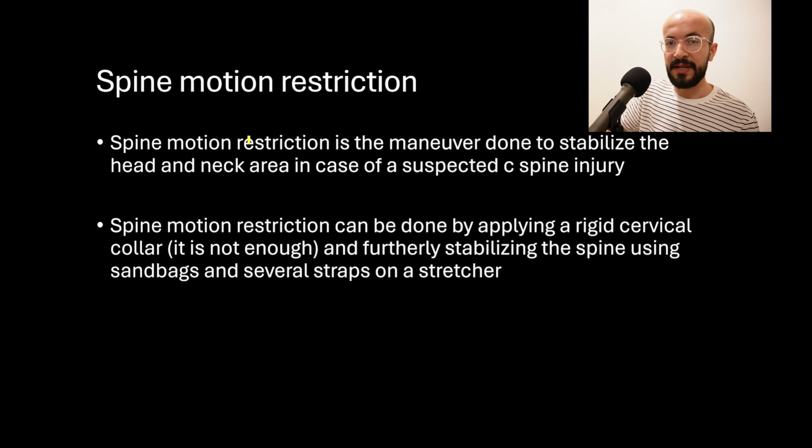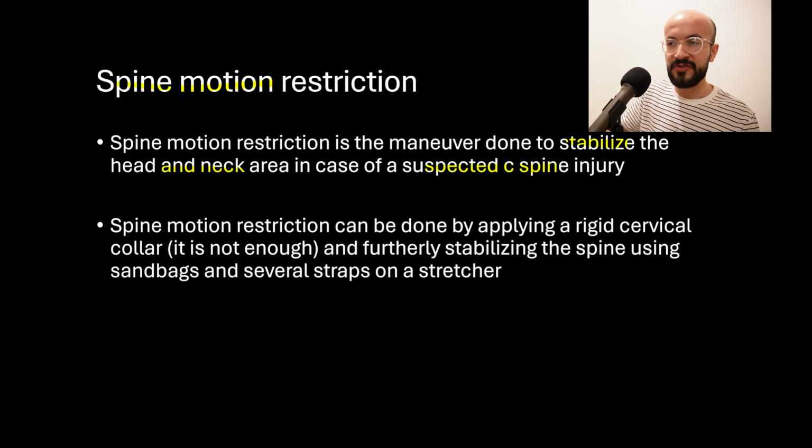Now let's talk a little bit about spine motion restriction. Spine motion restriction is the maneuver done to stabilize the head and neck area in case of suspected C-spine injury.